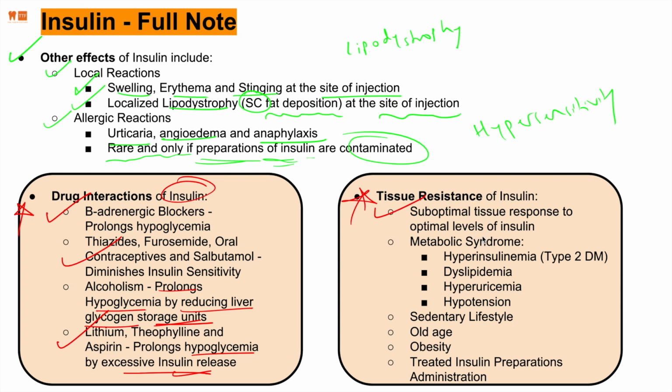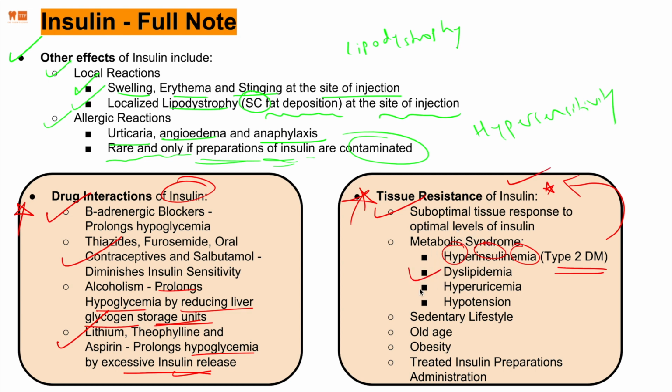Metabolic syndromes can also offer tissue resistance to insulin, such as hyperinsulinemia, meaning increase in insulin in the blood in type 2 diabetes can be associated with tissue resistance. Because if there was no resistance and insulin was taken up by tissues, then there wouldn't be hyperinsulinemia. It would just be normal insulinemia.